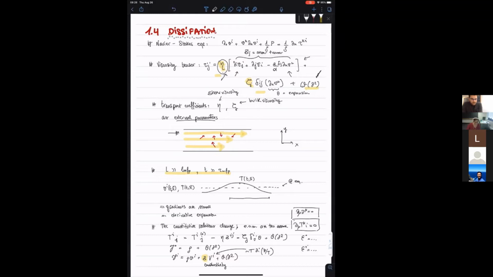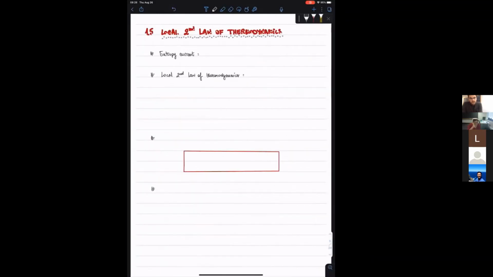Okay, so going to the question raised, why do I talk about dissipation? It has to do with the local second law of thermodynamics. Remember before I told you that the energy conservation is equivalent to writing that there is a conserved entropy current. But now the entropy current is actually not conserved, and it acquires this form.